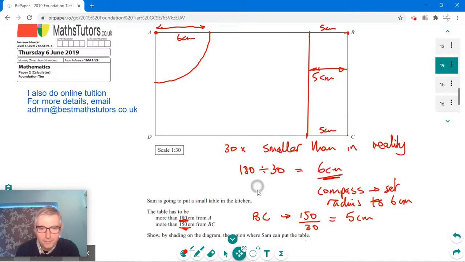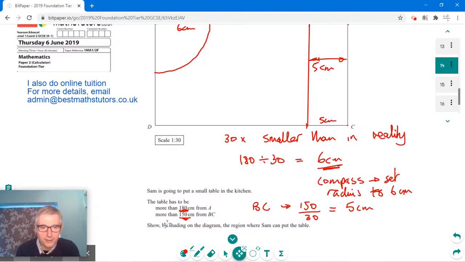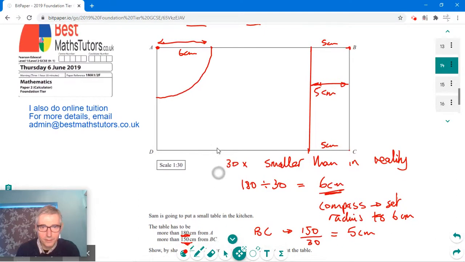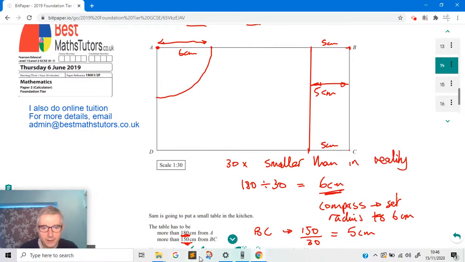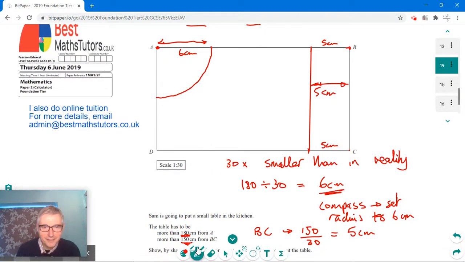So then what we've got to do finally is show by shading on the diagram the region where Sam can put the table. So that just means, since it can't be in this region here, and it can't be in this region here, it just means me shading in like this, which I do just by cross-hatching.